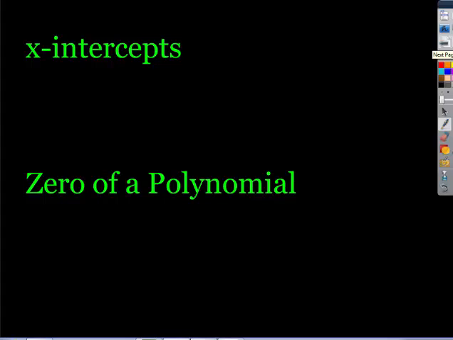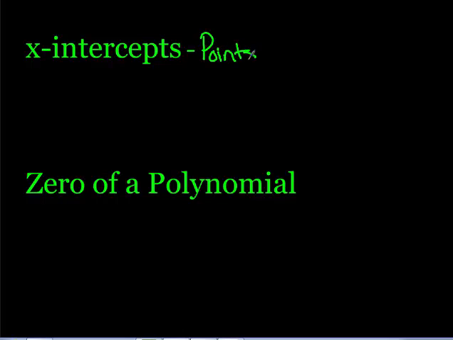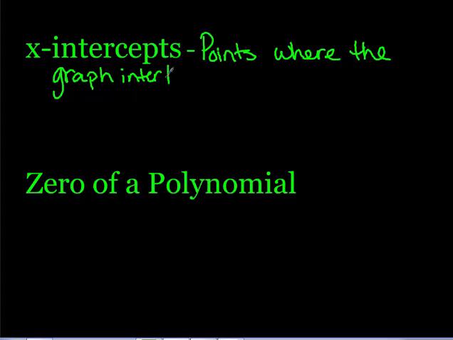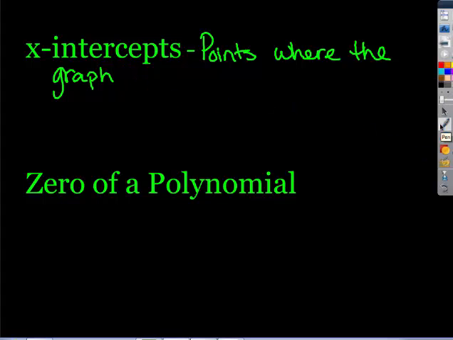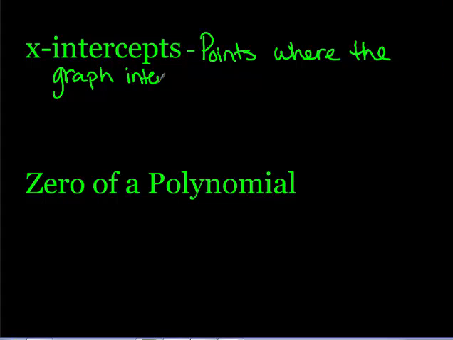Next we have the x-intercepts. The x-intercept is where my graph or my parabola cuts through the x-axis. So points where the graph intersects the x-axis.